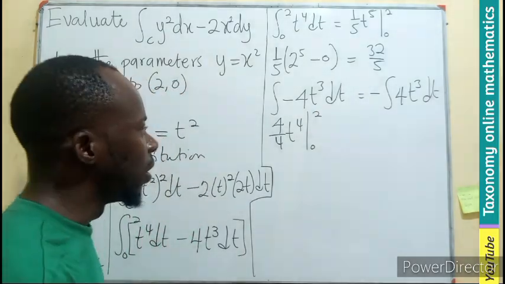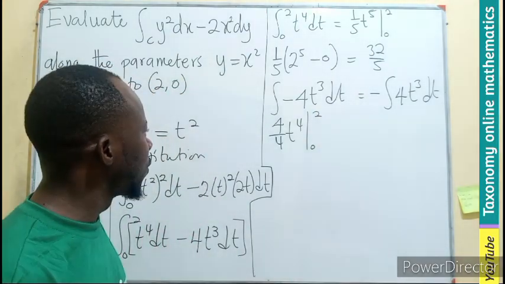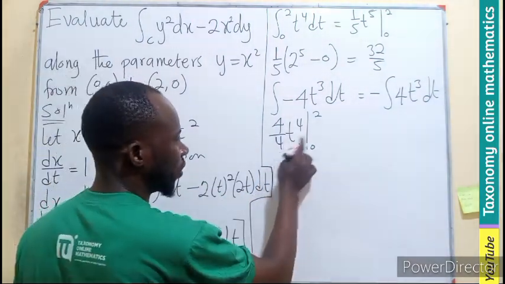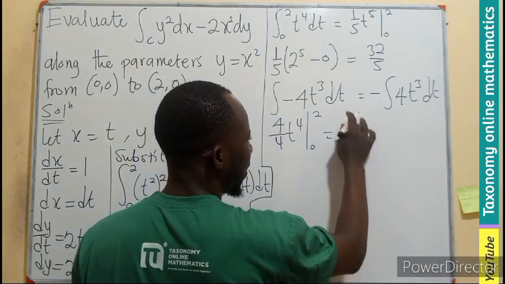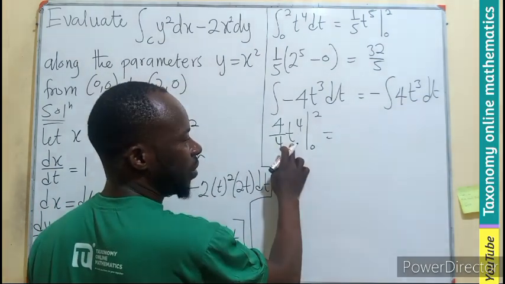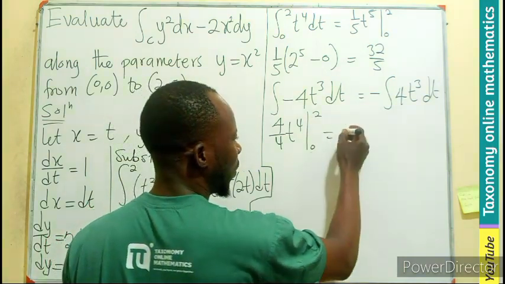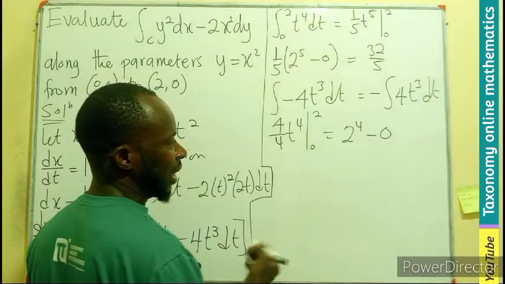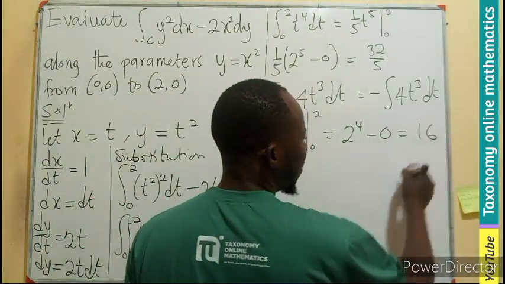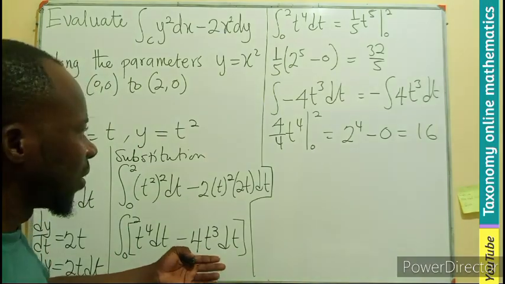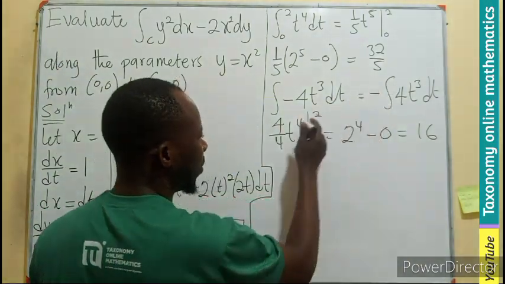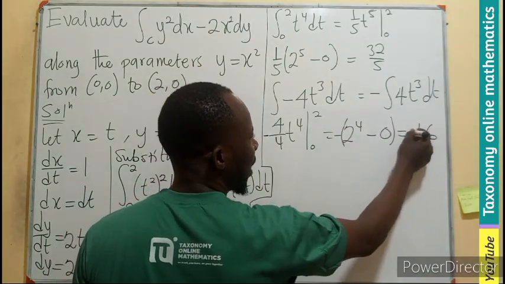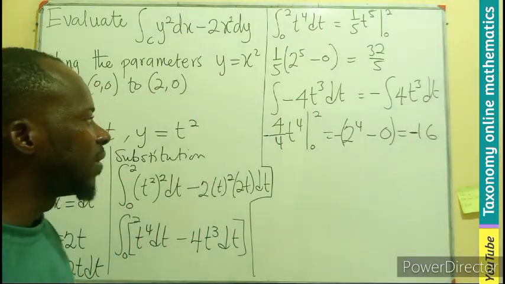This is a definite integral, so no c to be added. So what do we do from here? This is going to be 1. We slot in t, replaced with 2 and 0. So 2 exponent 4 minus 0, and I believe that will give us 16. Don't forget we are dealing with the negative, so this negative is taken along. Then we have negative 16.